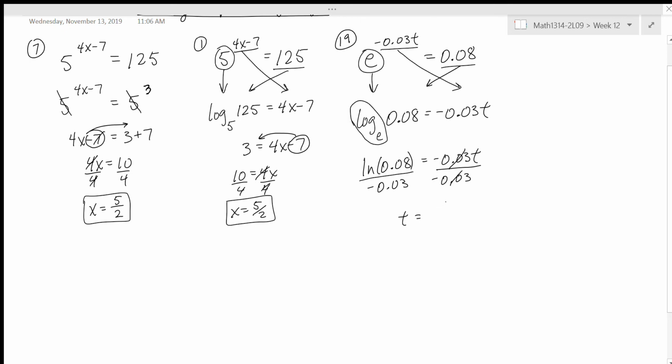Negative 8/3? Did it actually come out as a fraction like that? Let me see, Liz. What did you put? What?